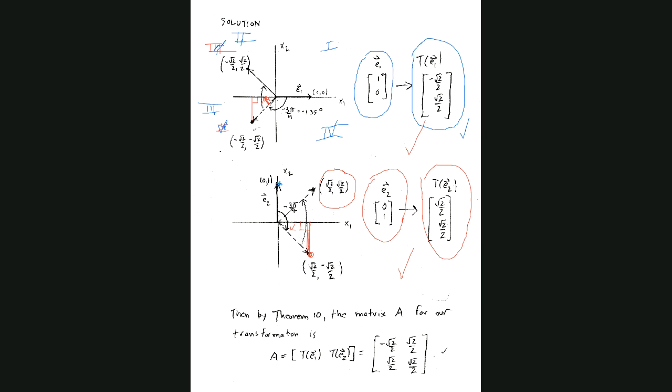Actually, it's right down here. I don't have to go to a new page. So again, we're using that theorem 10, and the column vectors of our standard matrix A for the transformation are T of E1 and T of E2, and that gives us this matrix here.